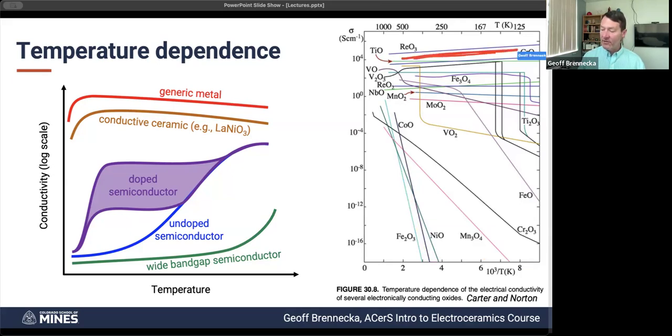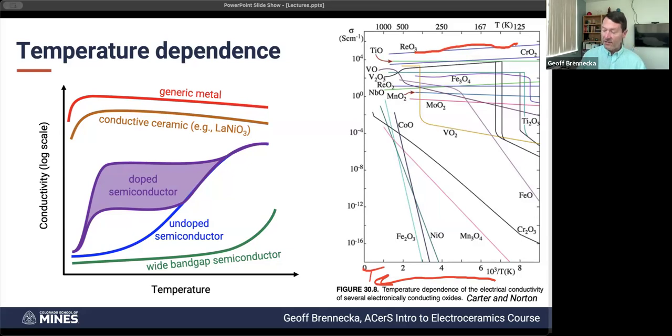These examples up here, so titania, TiO, rhenium oxide, these are metallic type conductors. These are samples that already have a lot of available electrons. As we're heating up, so this is actually increasing temperature, they're mobility dominated, so the overall conductivity is decreasing because the number of carriers isn't changing.